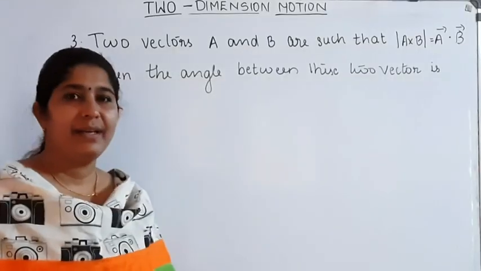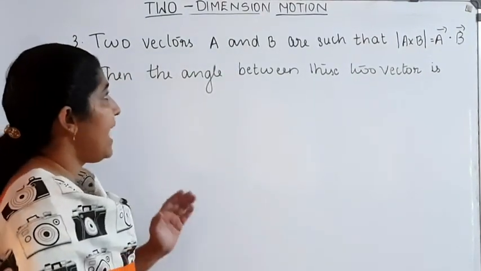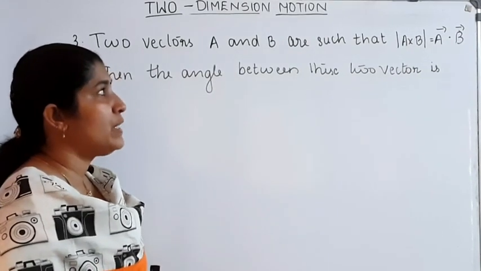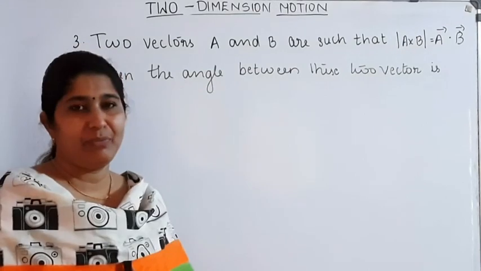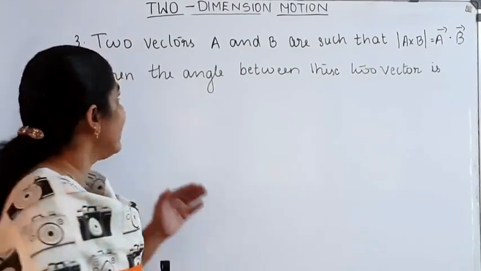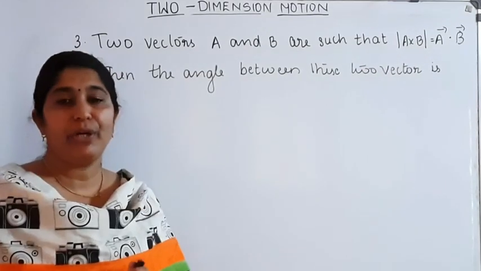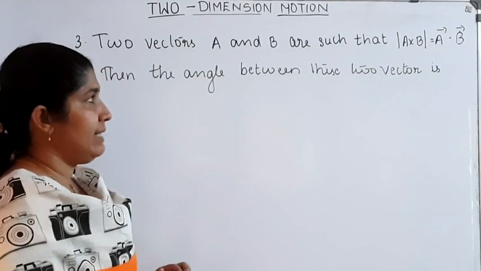Okay. A third question. Two vectors a and b say that modulus of a cross b is equal to vector a dot vector b, the dot product of two vectors. We want to find out the angle between these two vectors.